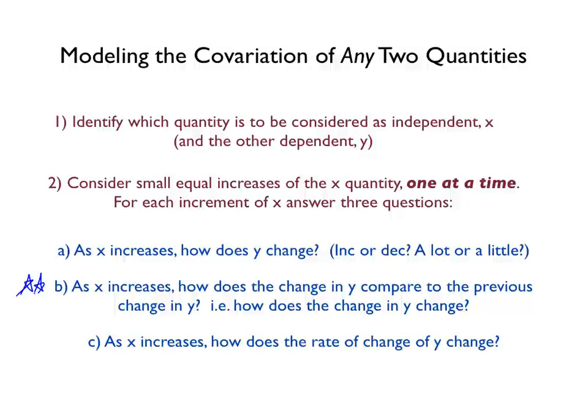The rate of change comes from how the changes are changing, how the changes change over these increments of delta x. But we're going to focus the most on B, because this naturally flows out of B. We're going to focus our emphasis on B to really understand that, figuring out what the change in y is for each increase in x, and then how do those changes compare?